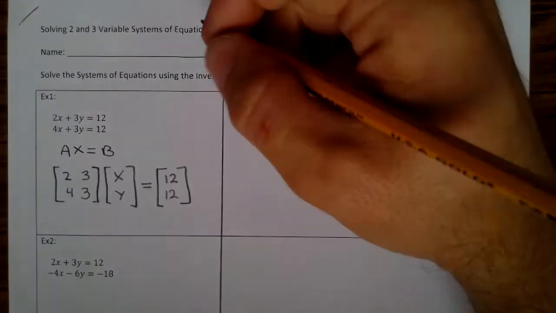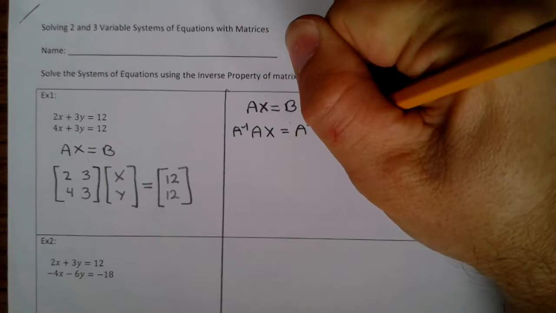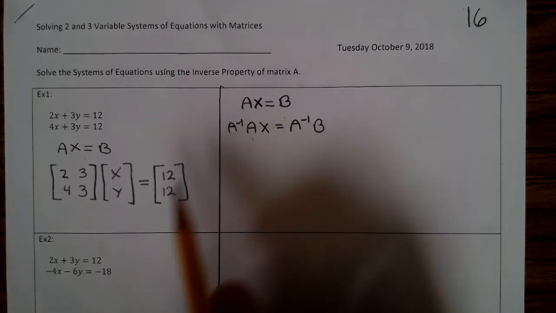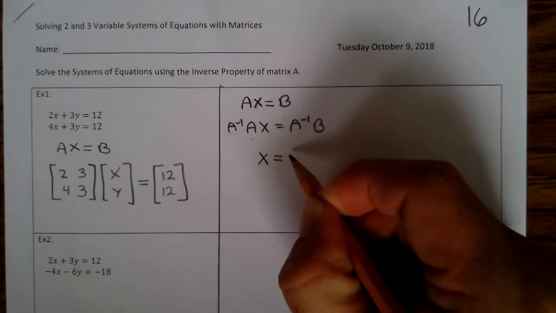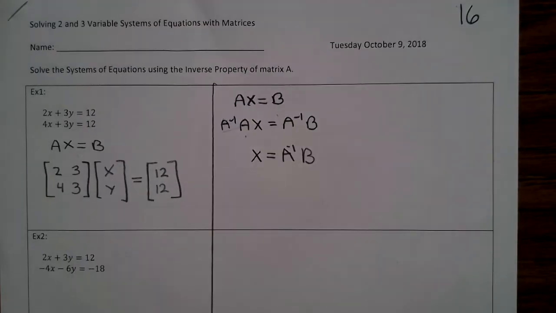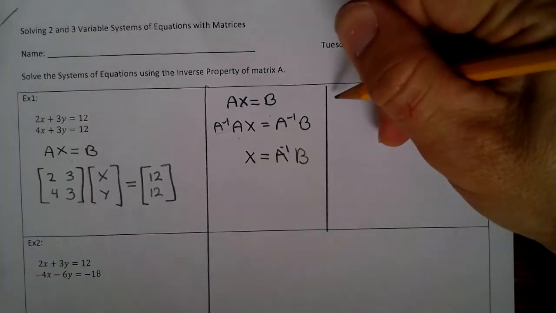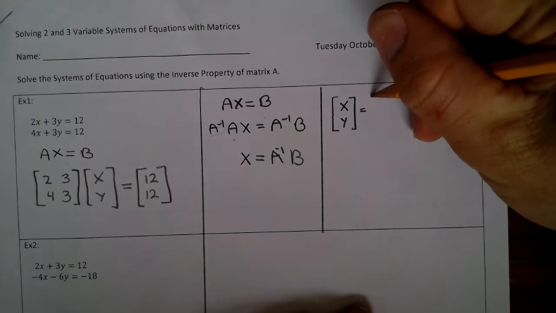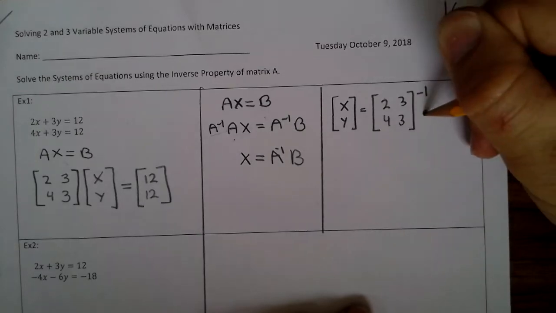So that's A inverse A X and A inverse B. Well, A inverse times A, they basically negate each other, become the matrix 1, 1, but in essence, they're gone, and you're left with X equals A inverse B. So to solve, all you have to do is we have XY equals A inverse, which is 2, 3, 4, 3 inverse, times matrix B, which is 12, 12.